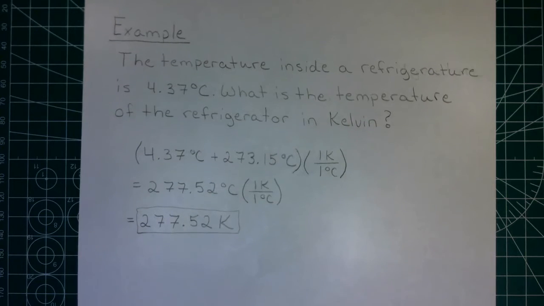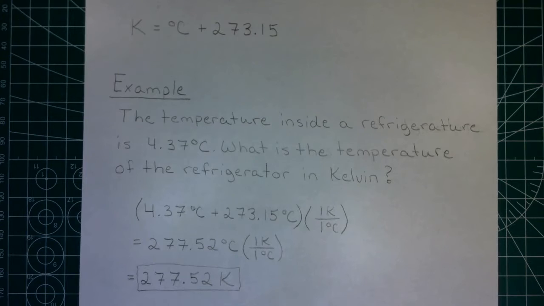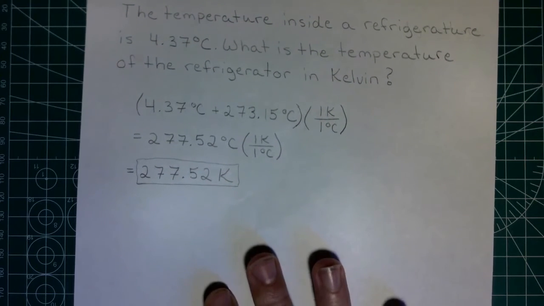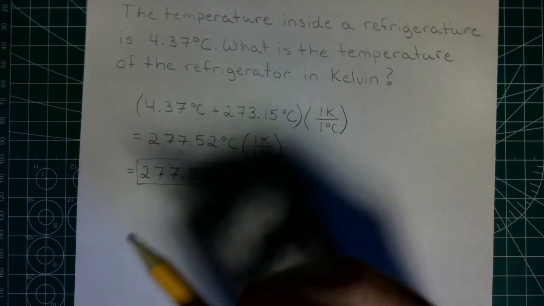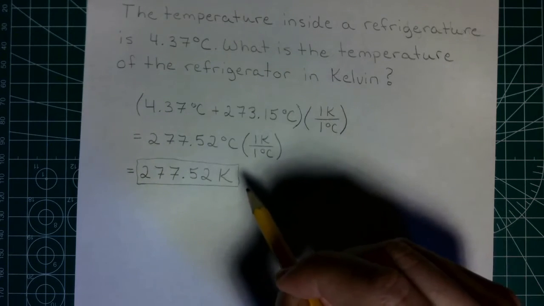But typically people are pretty lazy, so you don't see the conversion factor written up there because it is 1 divided by 1. It's not going to change the value. People often omit it, but it is there, and that is what's going to get us the cancellation of units that's going to get us into units of Kelvin.